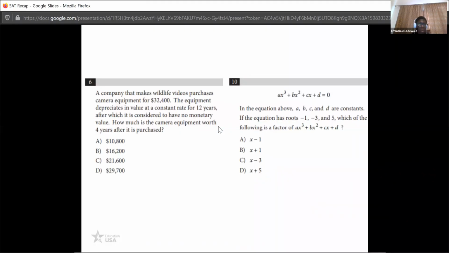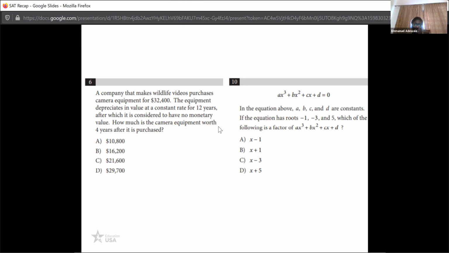Yeah, so for number 6, a company that makes wildlife videos purchases camera equipment for $32,400. That's a lot of money. The equipment depreciates in value at a constant rate for 12 years, after which it is considered to have no monetary value. How much is the camera equipment worth 4 years after it is purchased?